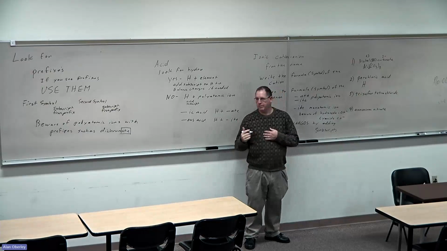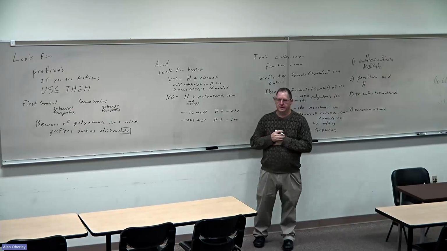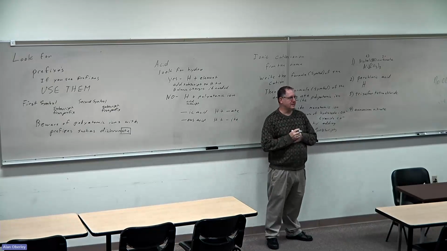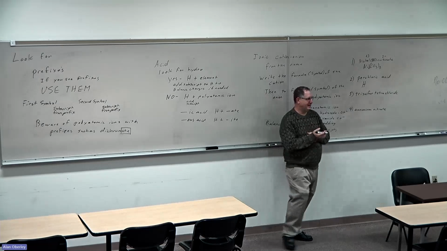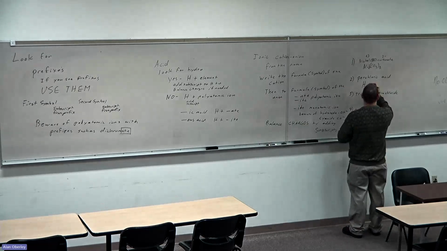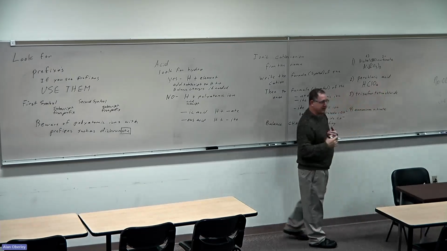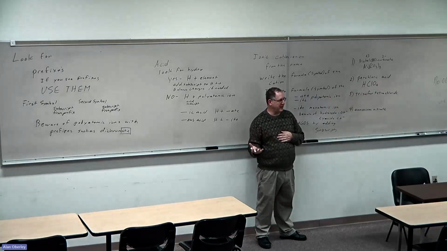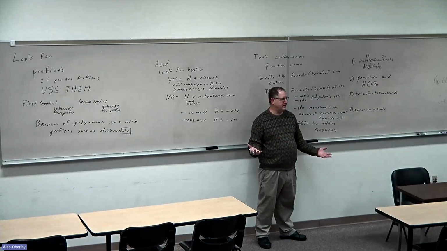Perchloric would come from perchlorate. What's perchlorate? Well, chlorate is ClO3, so perchlorate is ClO4. Now, it just so happens that chlorate and perchlorate have a charge of -1. I don't need to add any subscript to the hydrogen for this one because it's already balanced.